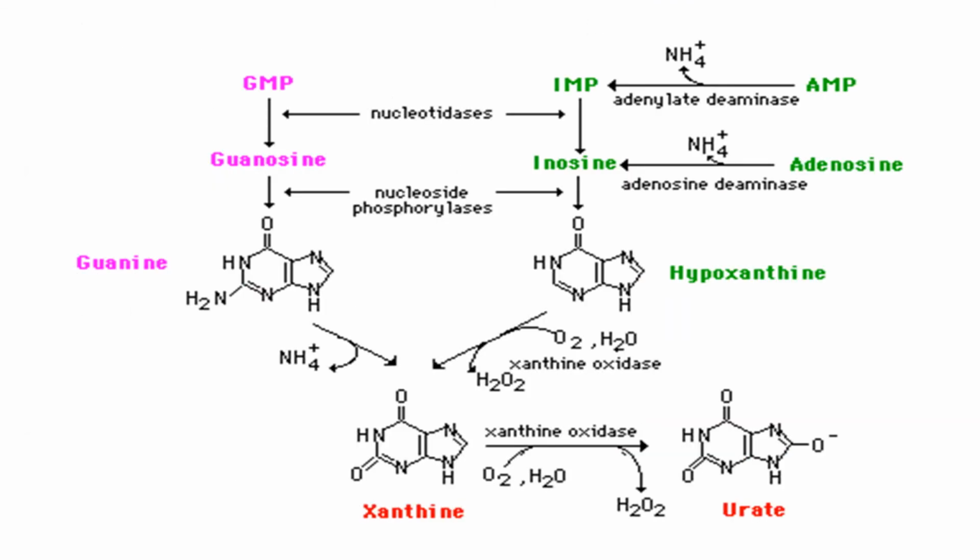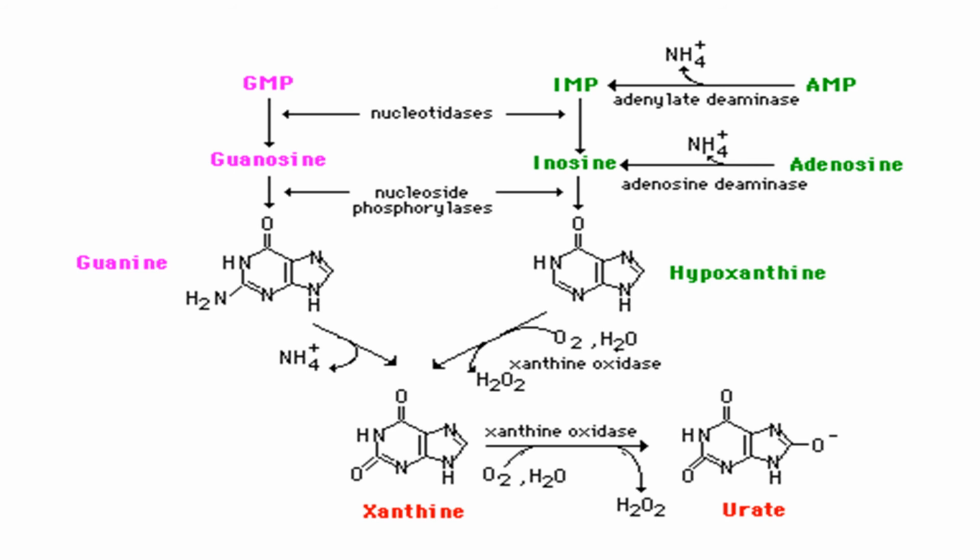This is the degradation of purine nucleotides. Purine nucleotides consist of AMP, GMP and IMP, mainly GMP and AMP. GMP by the enzyme nucleotidases is converted into guanosine, which is a nitrogenous base and ribose, and then guanosine by the enzyme nucleoside phosphorylase is converted into the nitrogen base guanine.